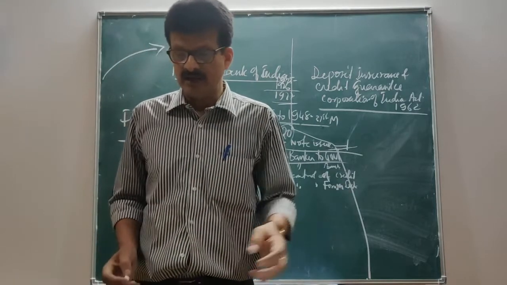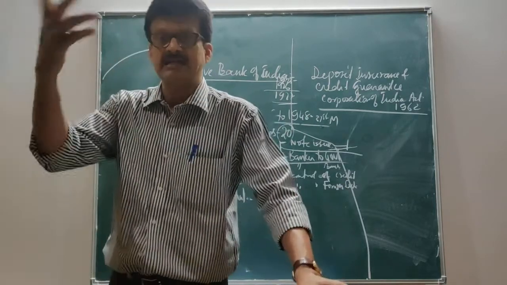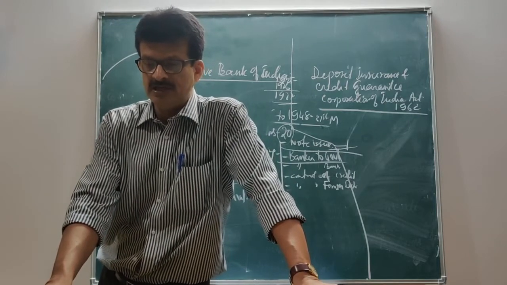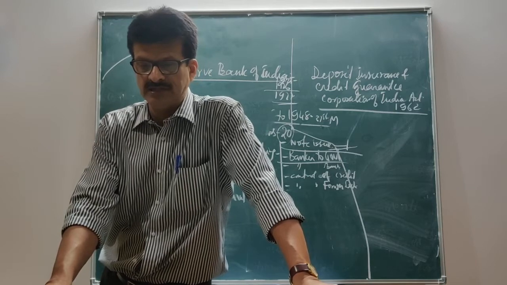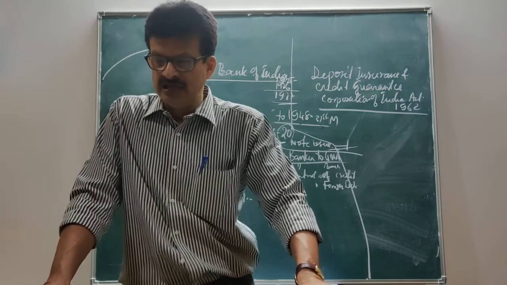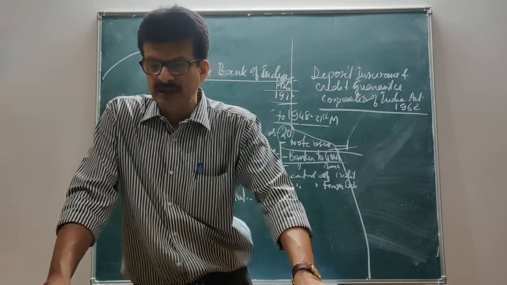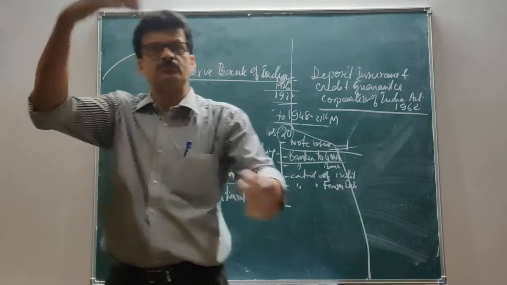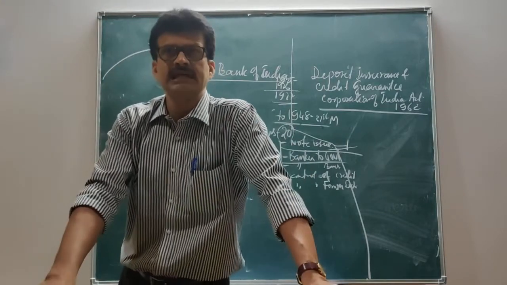Then acting as a banker to the bank, you know that it holds the cash balances of the commercial banks, CRR. It could be 3 to 15%, 3 to 20%. The statutory cash reserve ratio could be minimum 3%, maximum 20%. Within this range, RBI from time to time decides, prescribes, fixes.